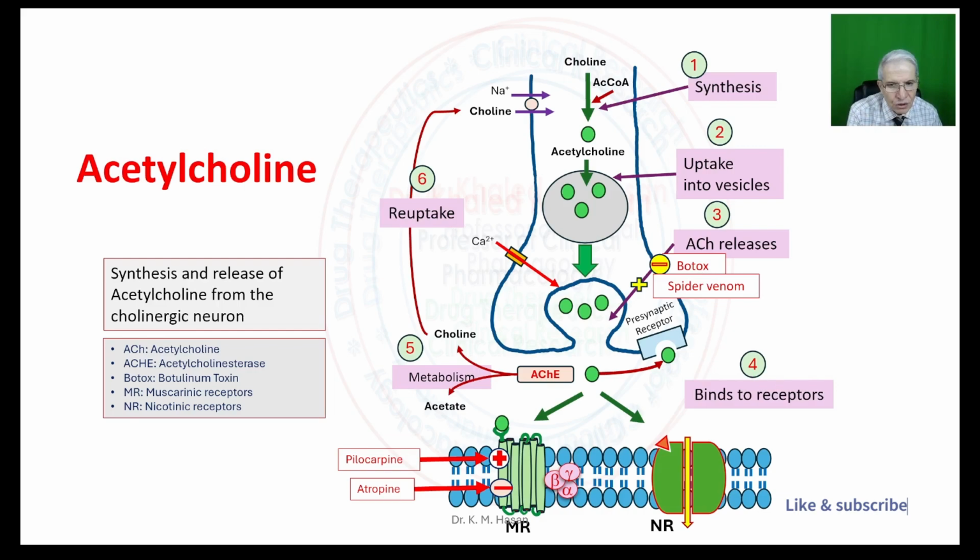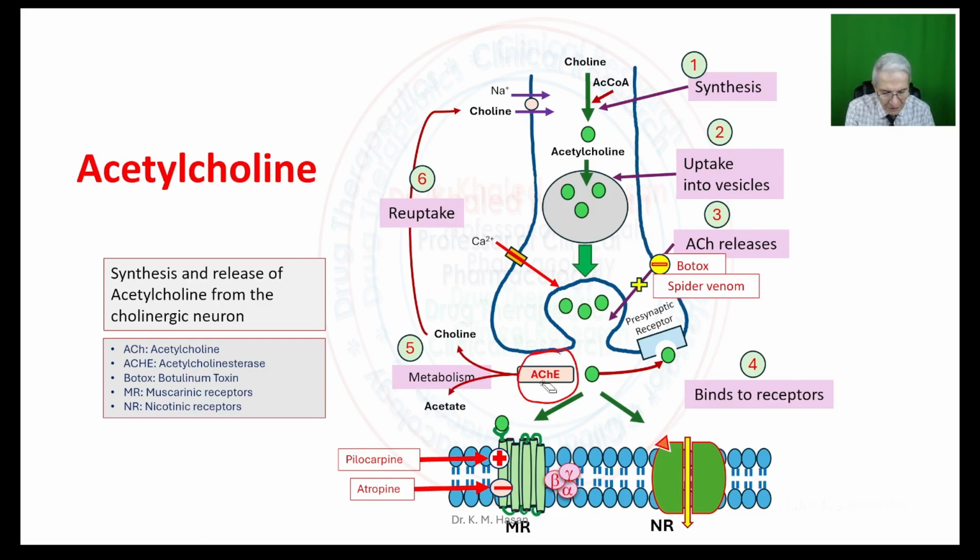Another interaction on this image and this graph here, we have a group of medication able to inhibit acetylcholinesterase. So we have a list of medication that can work on that.